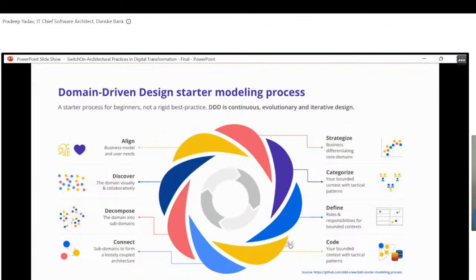The process we take is at a high level eight different steps, but it is an iterative process where the business model and user needs get aligned. Some of the frameworks we use early on are the business model canvas or Wardley mapping, to get aligned on the initial requirements.